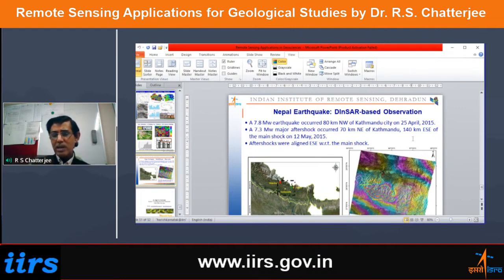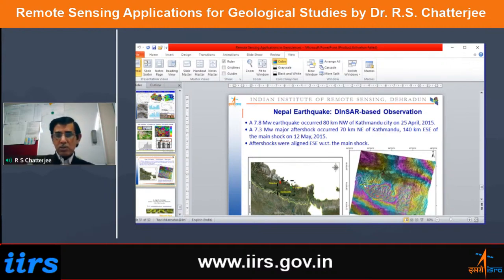People are working on that, and in many cases, it is getting confirmed day by day that these precursors are working well to forecast earthquakes. But one individual precursor may not be enough. You have to study a number of precursors together, and then you can interpret or suggest that an earthquake can take place in a particular area.